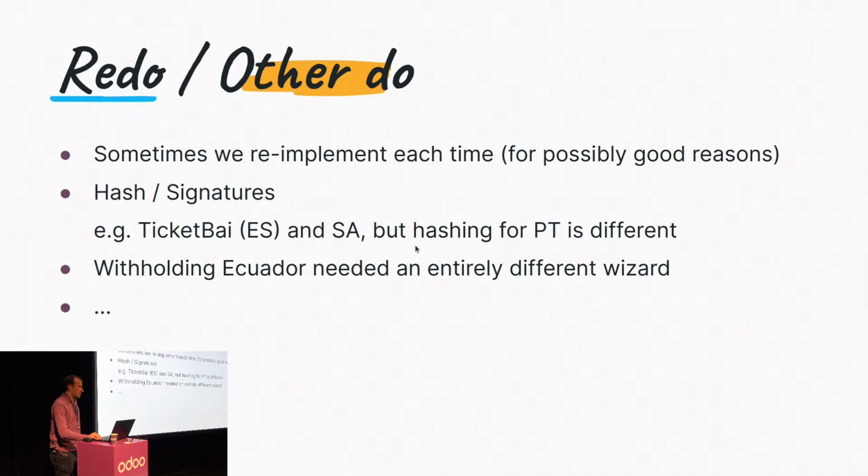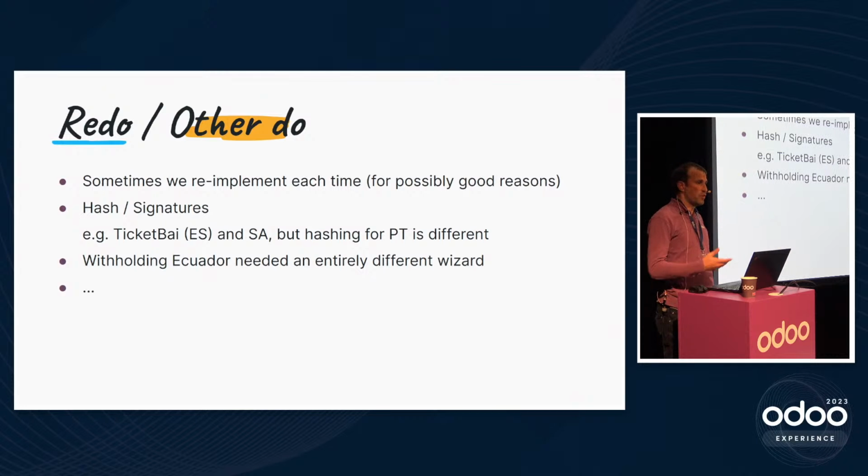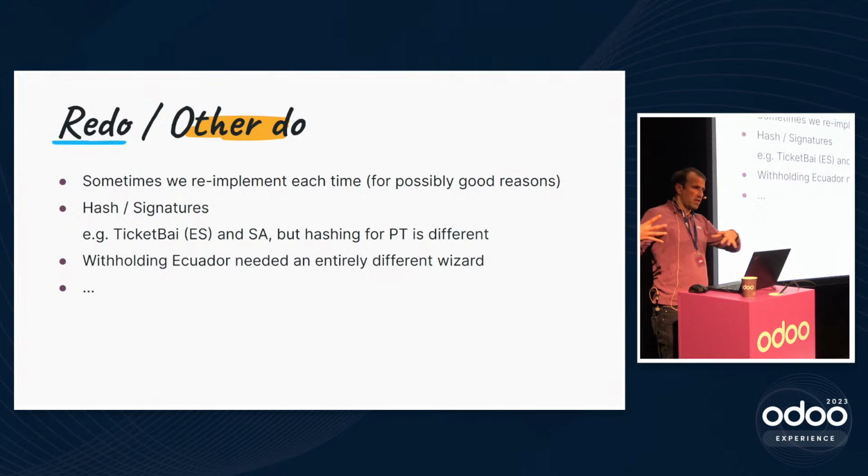Yeah, and then I need to admit sometimes we just redo things. We have done signatures and XAdES 3 times. We try to put some things in common. Hashing, for example, we do the same thing in TicketBAI, which is for the Spanish Basque country, as for Saudi Arabia, but we just did it separately because we don't really find the common ground immediately, and the common ground might be more overkill than doing it in those separate modules.